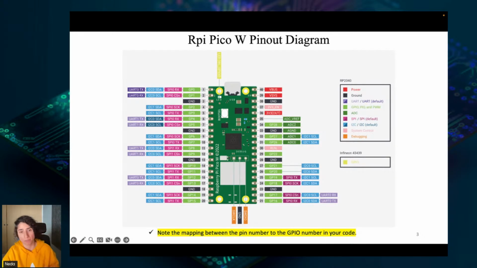So ADC, I will explain it again, is an analog to digital converter, a device that converts an analog signal, such as a voltage, into a digital representation that can be processed by a digital electronic system.